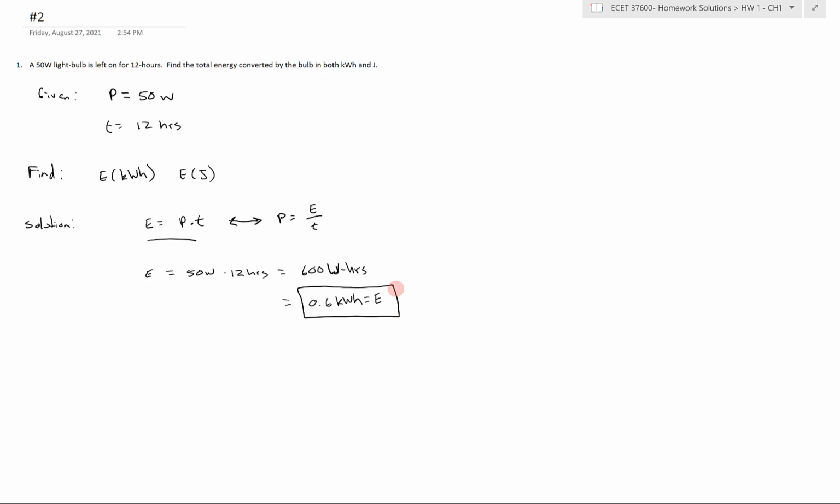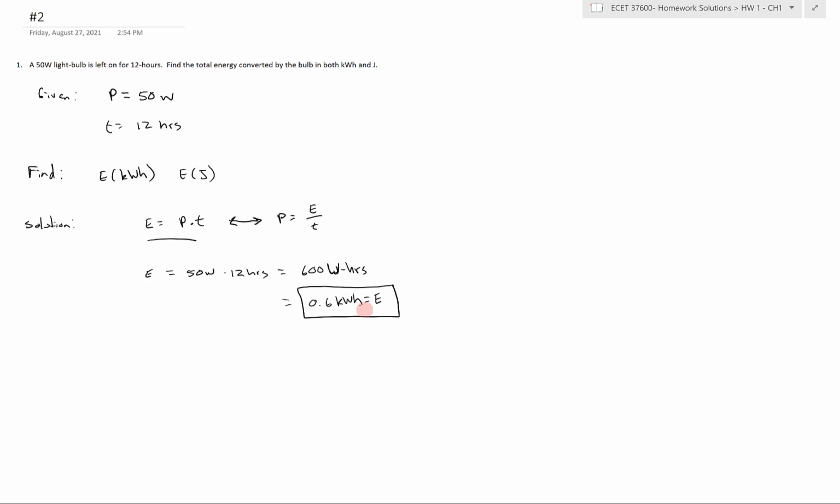So now we need to calculate that in joules. We can use the conversion between kWh and joules. We used that in the last problem. 1 kilowatt hour is 3.6 times 10 to the 6 joules. The question you might want to know is, where did that come from? The answer is that since we're in hours here, we need to do an hours to seconds conversion.